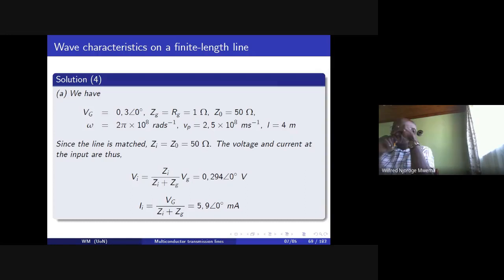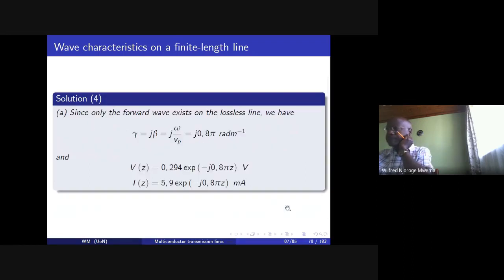And the current is 5.9 milliamps, also with 0 phase, because the impedances are all real, resistive. They are resistive, all of them.